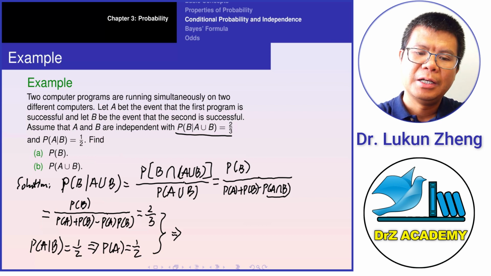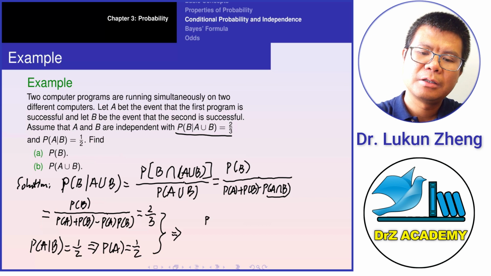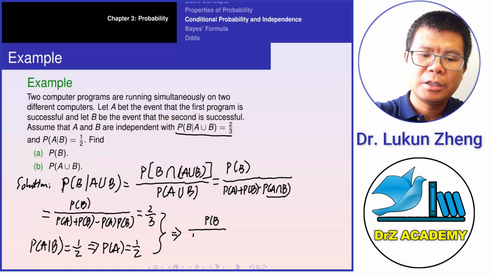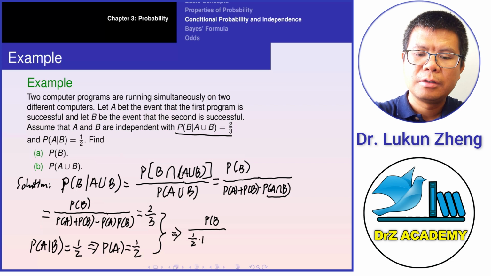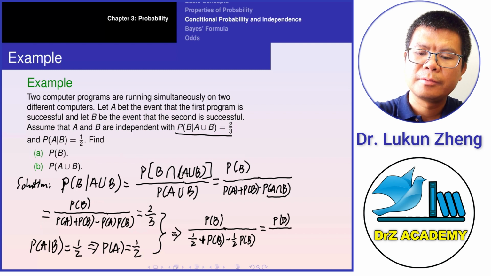That's going to be P of B over 1/2 plus P of B minus 1/2 P of B, which is P of B over 1/2 plus 1/2 P of B, and this equals 2/3.